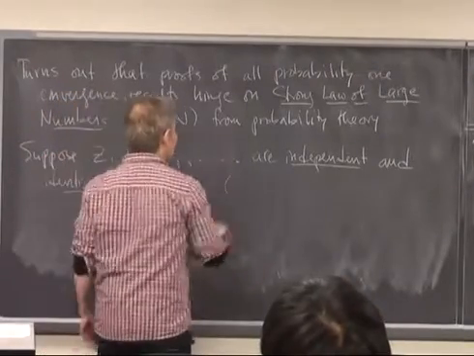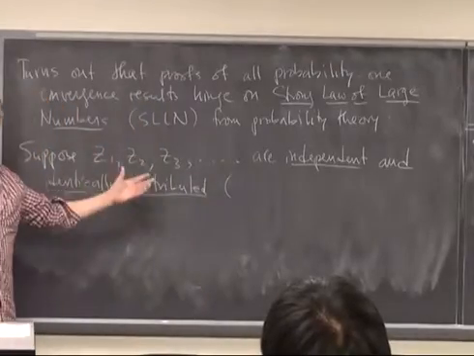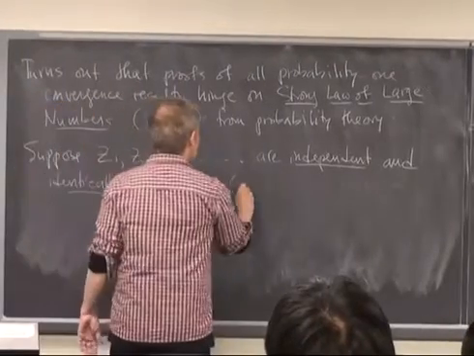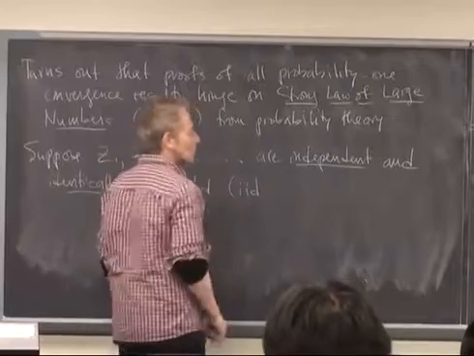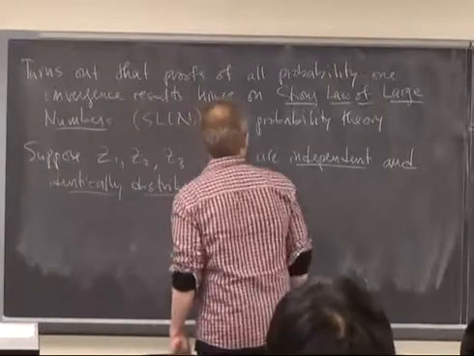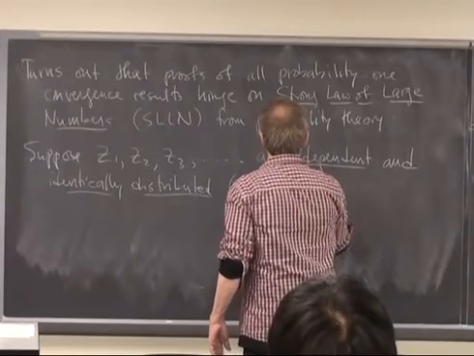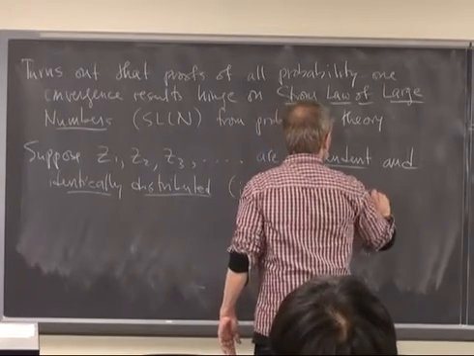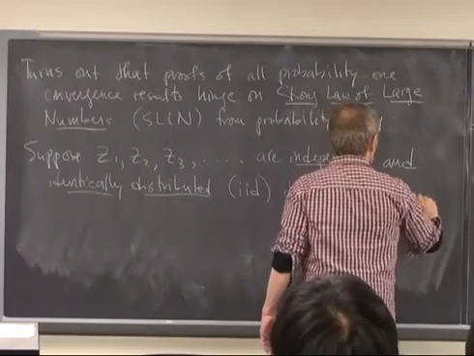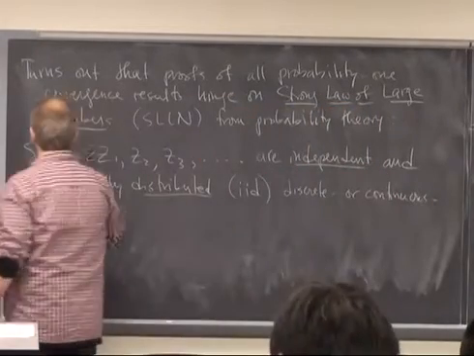Another common math abbreviation for the situation is IID, lowercase. So these are independent and identically distributed, either discrete or continuous valued random variables.